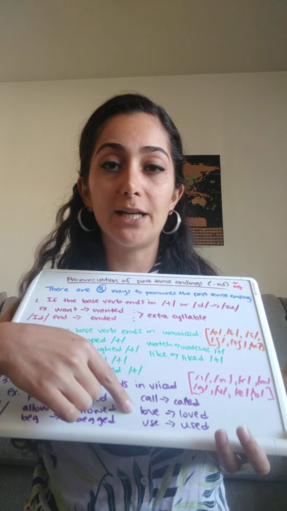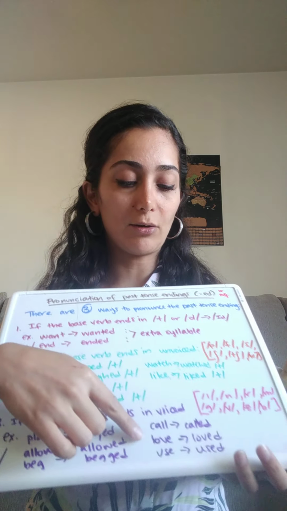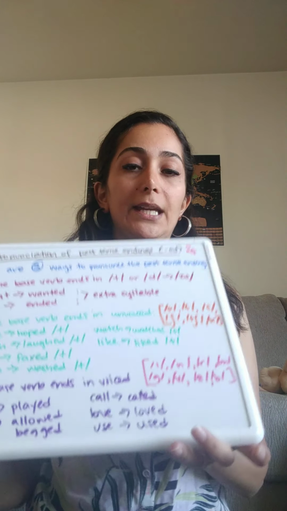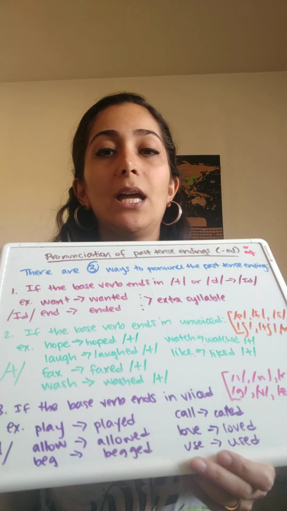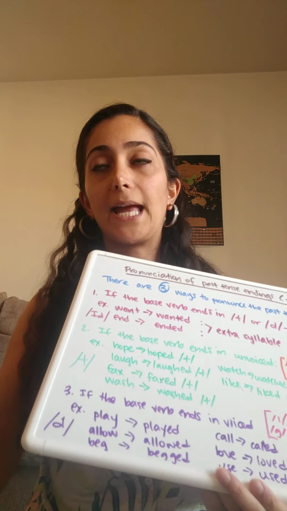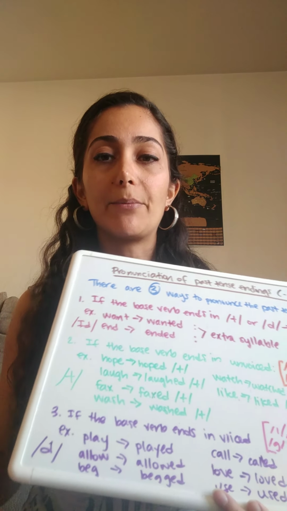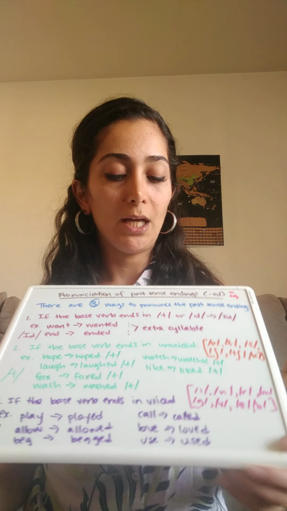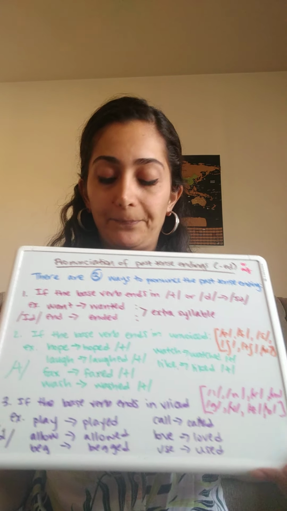Love, v is voiced. F is unvoiced, but v is voiced. So love is loved. Use. Again, don't think about spelling because if you look at the spelling, it's an S. But when we say the verb, to use something, we pronounce that letter as a z sound. So z is voiced, and in the past, it continues to be voiced, used.